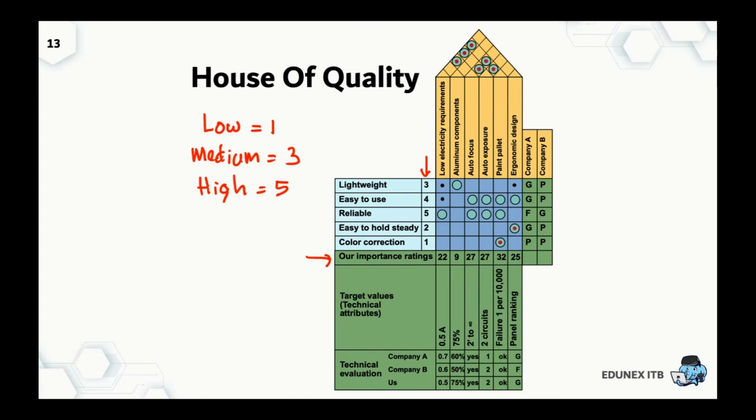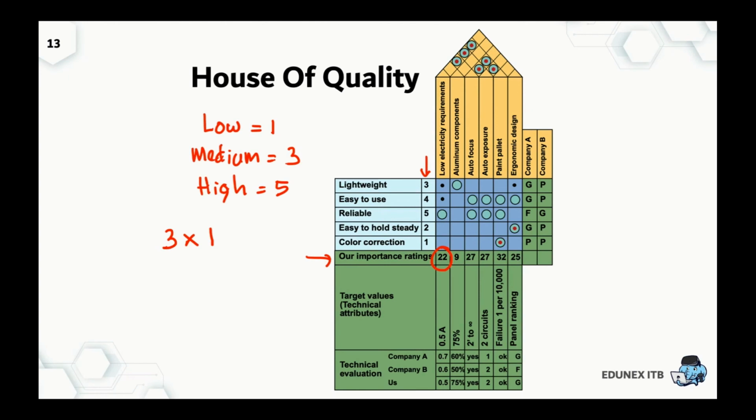And then how can we get this number? Lightweight has low relationship with low electricity. The customer preference weight is 3. So 3 multiplied by low relationship is 1. And then in here, easy to use.